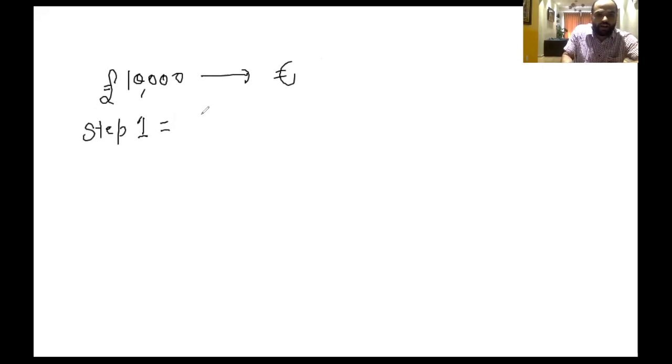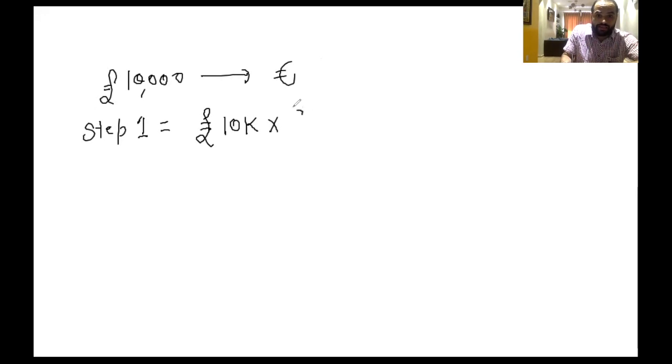So let me write down. We are converting 10,000 pounds into euro. Right. So step one. Under step one, we are converting 10,000 pounds into dollars.